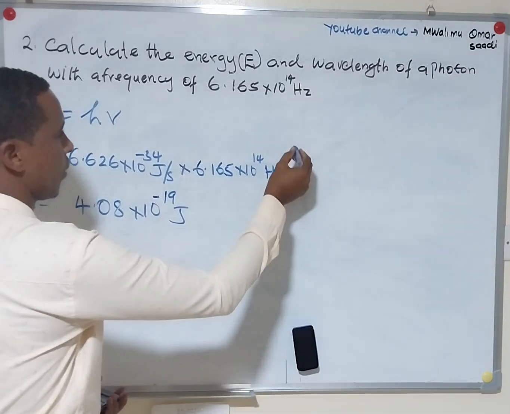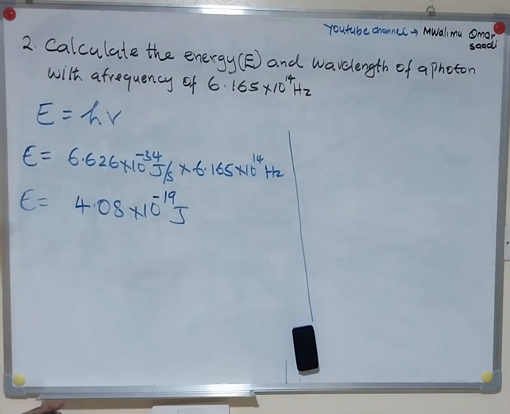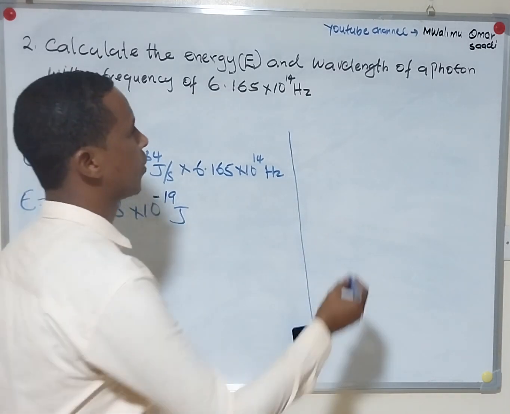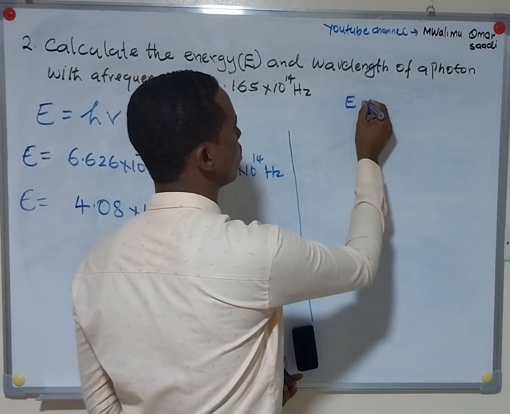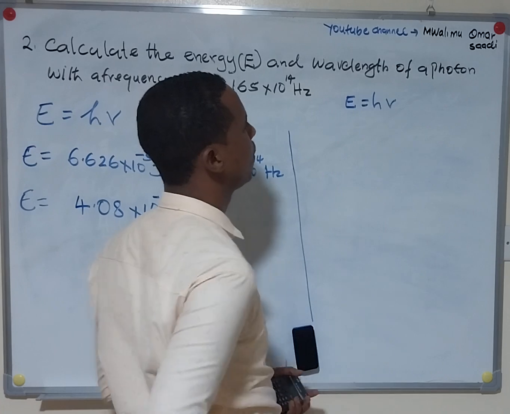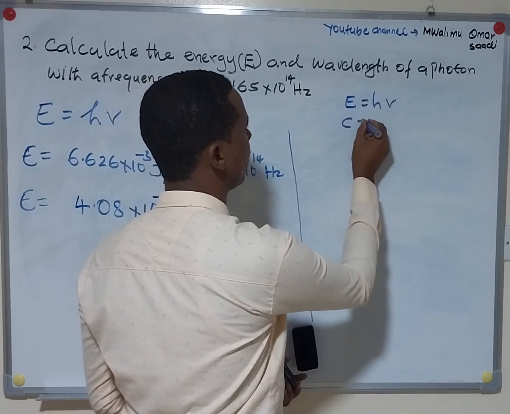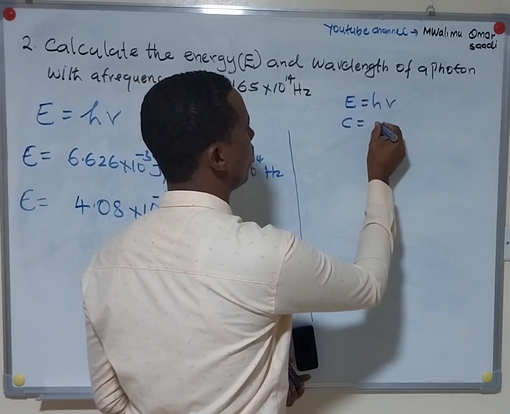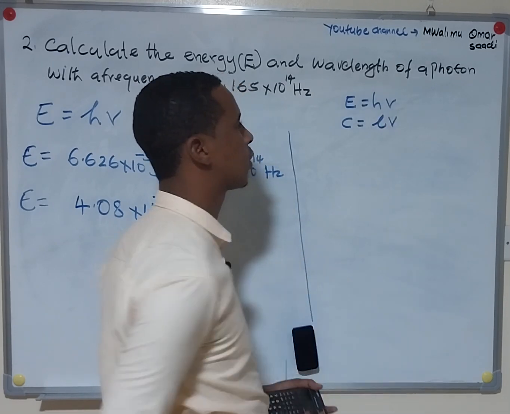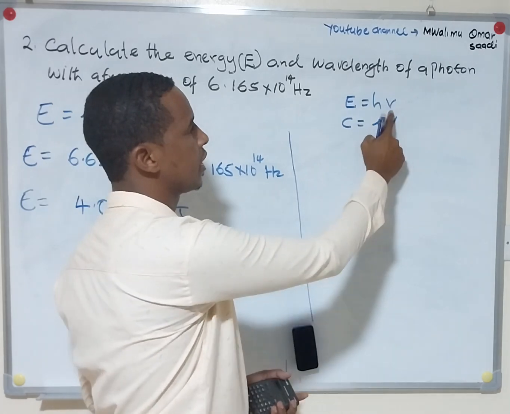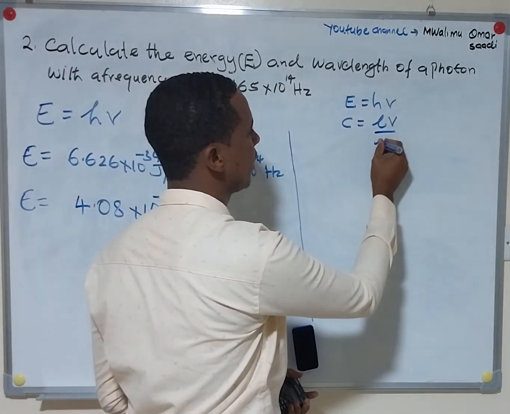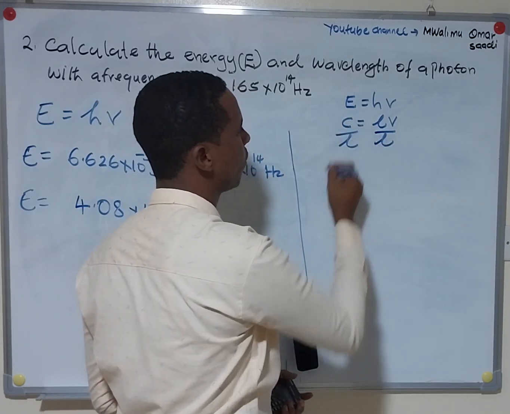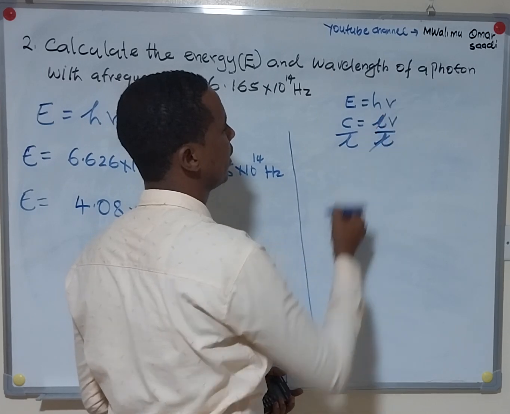So to calculate now the wavelength, we will be using a different equation, and the equation comes from these two equations. E is equal to hv, and speed of light is equal to wavelength times frequency. So our interest here is the v, that is the frequency. So to get v, let us divide by wavelength, cancel this.